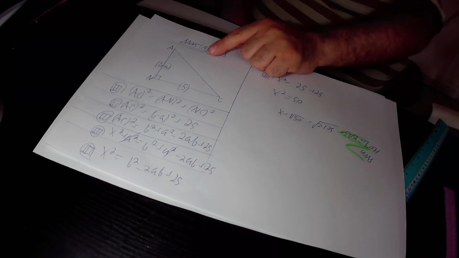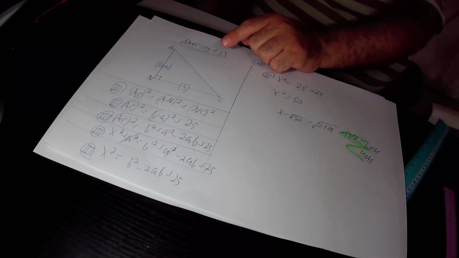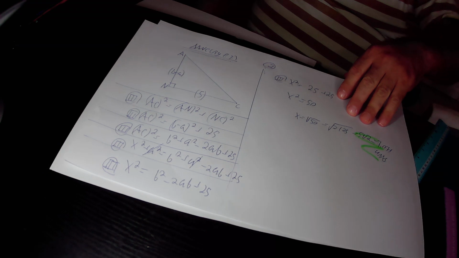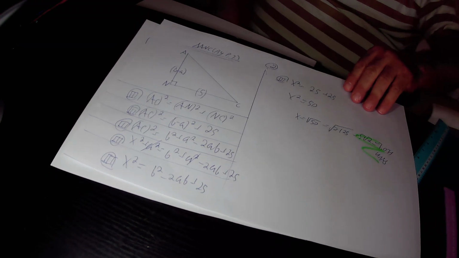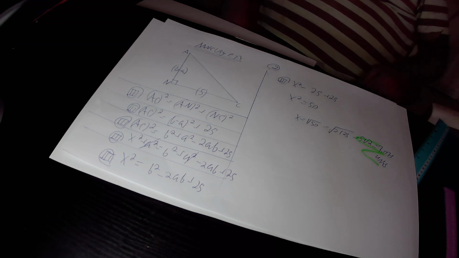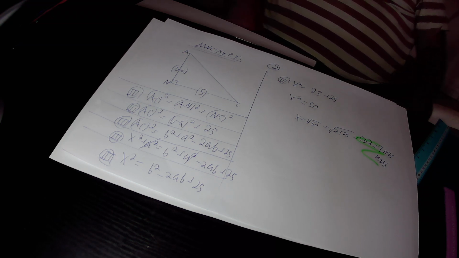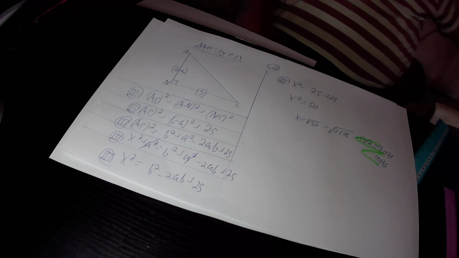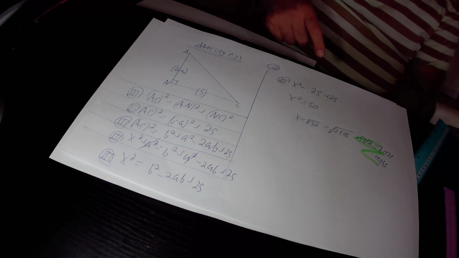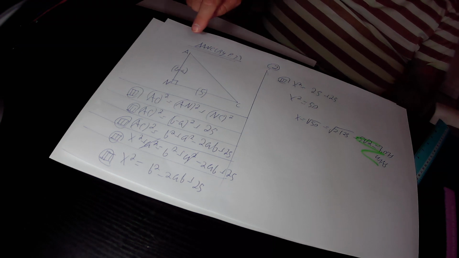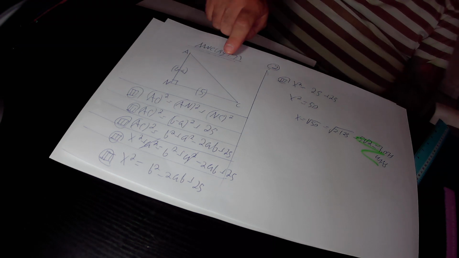We get AN equals B minus A. So in this right triangle ACN, according to the Pythagorean theorem, AC square equals AN square plus NC square.